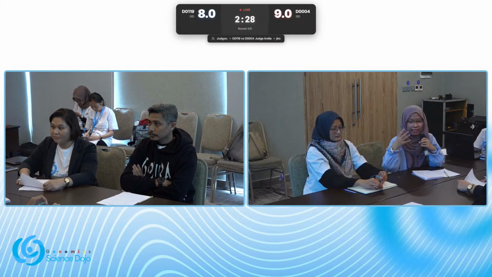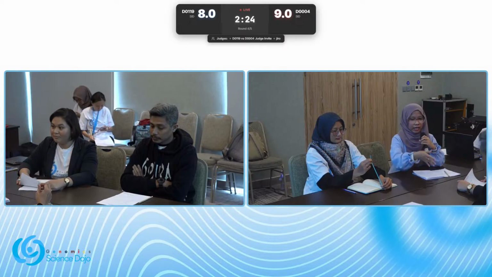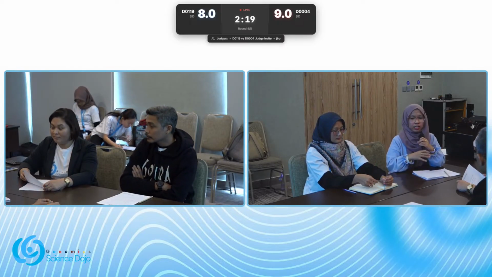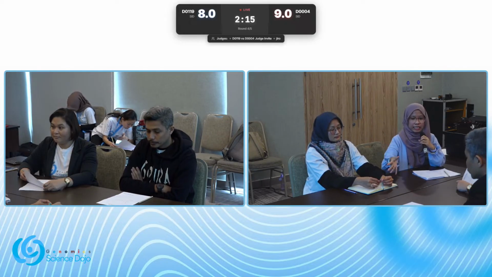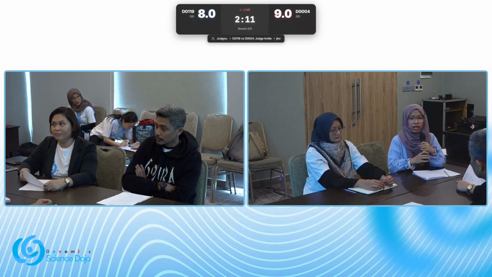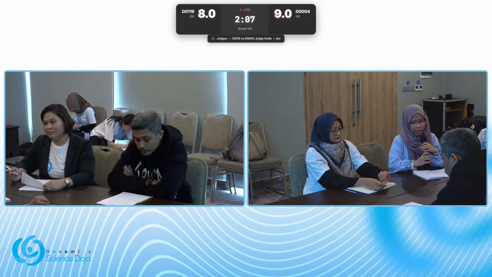That's why we need to do this assessment, to minimize the publication bias. So the majority of the articles included in our meta-analysis are low risk of bias. That's why we assess independently.